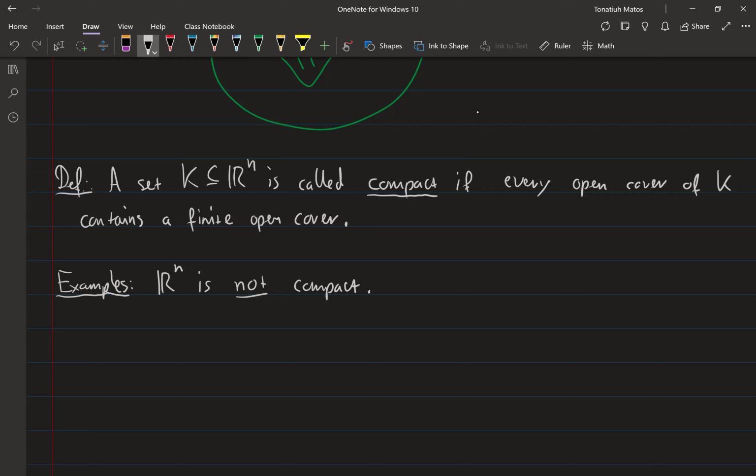To prove that something is not compact, I have to give you one open cover that contains no finite open covers. I know this might seem a bit abstract the first time you see it, but showing that Rn is not compact is actually not that difficult. Can anyone tell me what open cover of Rn contains no finite subcover?